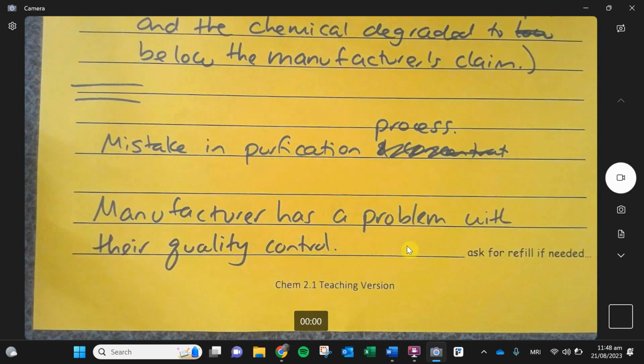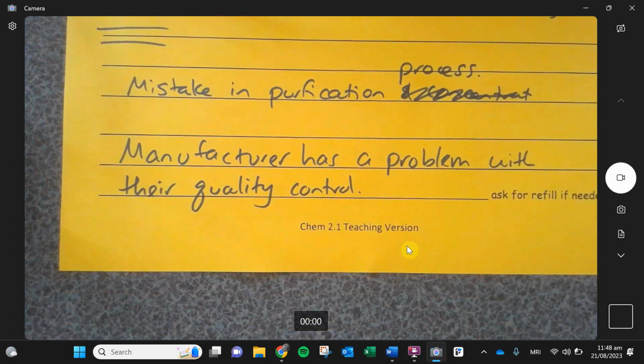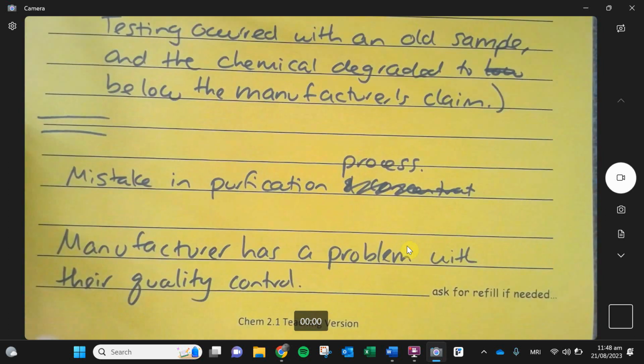And I can tell you, when I worked in a lab, an industry-based lab, quality control checks were really, really important before we sent anything out because we had to ensure that things were working. We often call them QC tests, quality control. So if you get into the scientific fields, this is something that you have to do as a manufacturer, and that's why there's a lot of science jobs in that sort of sense.